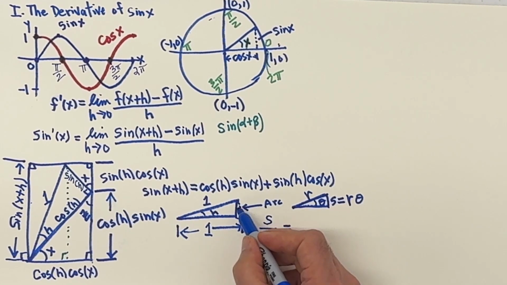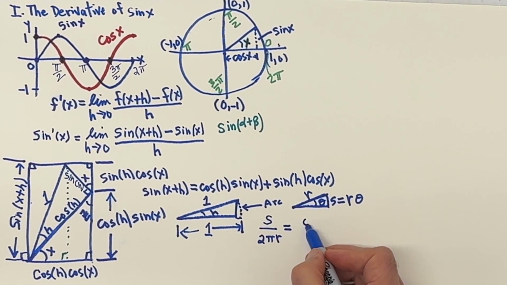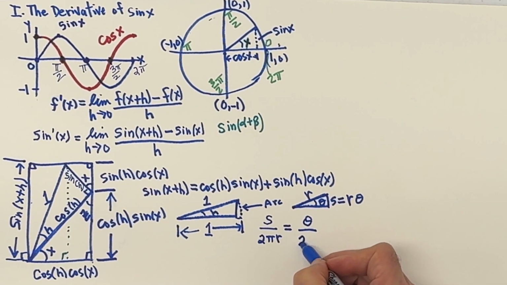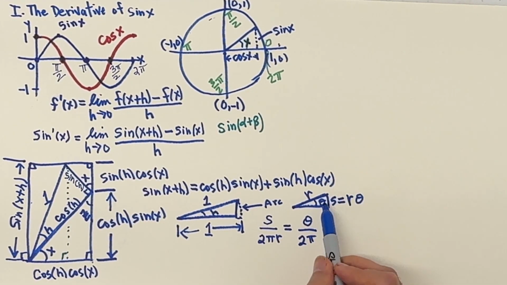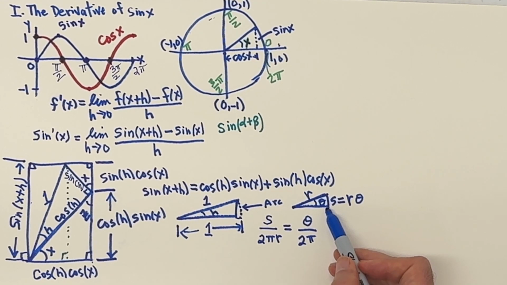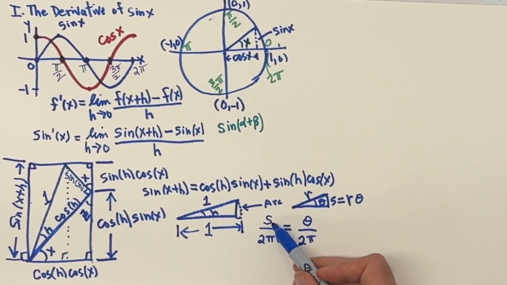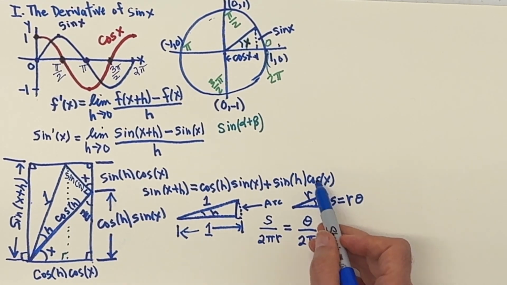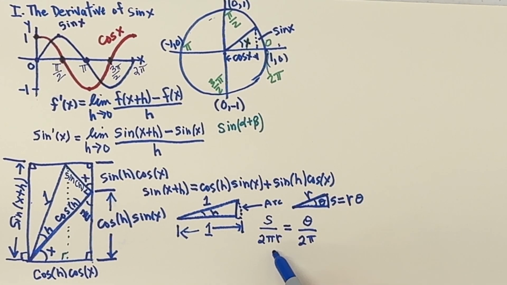That has to be proportional to this angle theta to the entire angle 2 pi going all the way around. So the angle theta, this little piece here, compared to the whole angle of going all the way around, which is 360 degrees, 2 pi, that's in the same proportion as the arc length of the piece of pie to the circle.